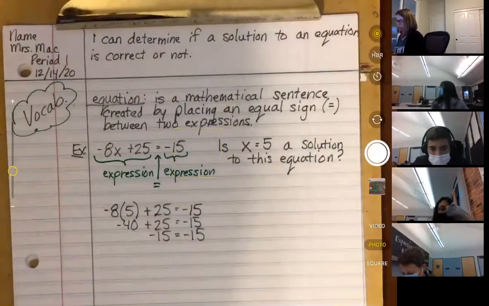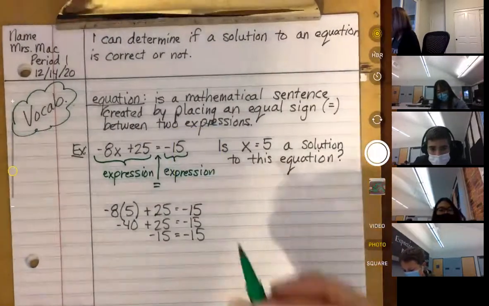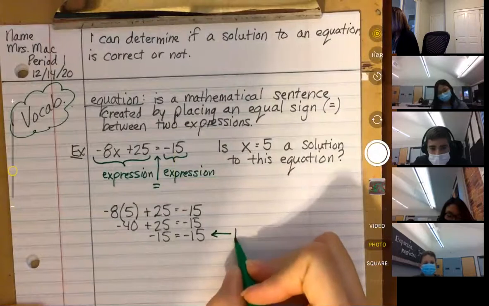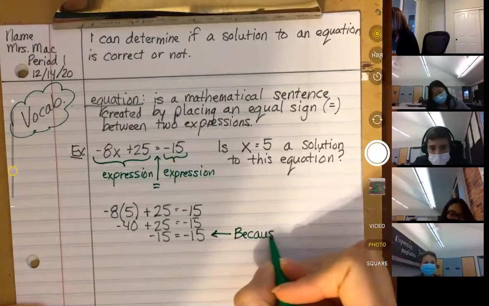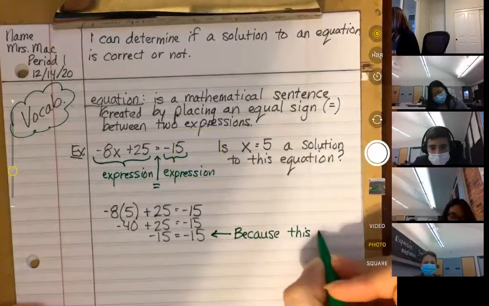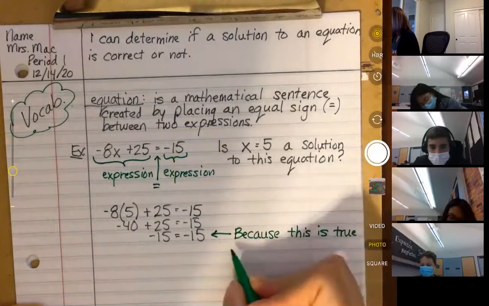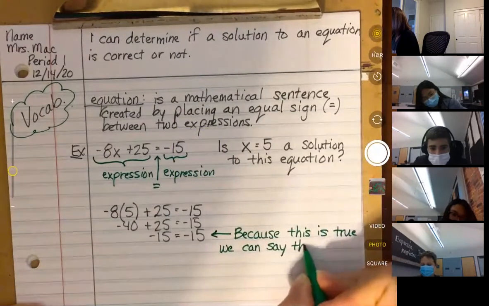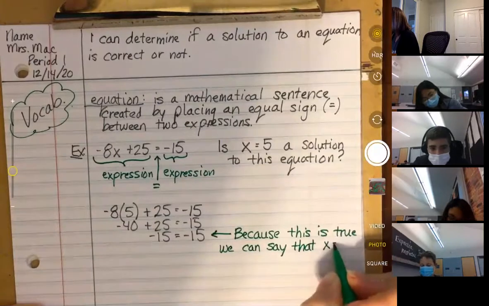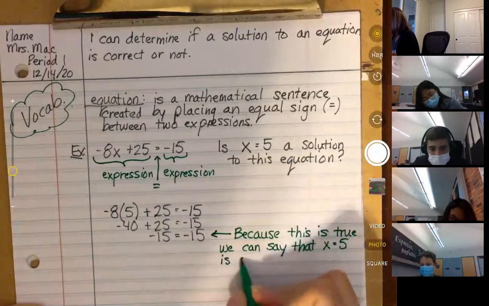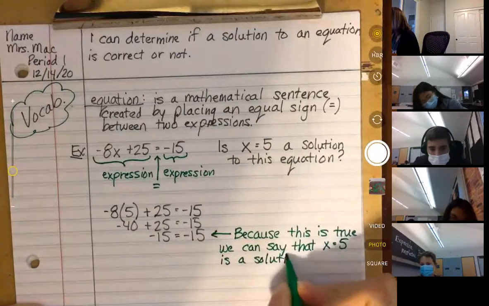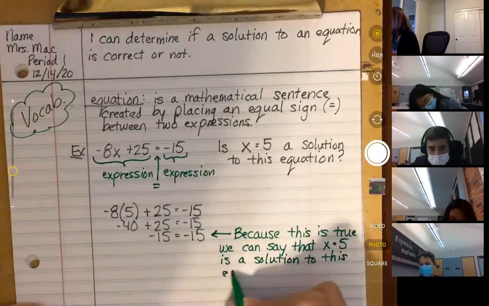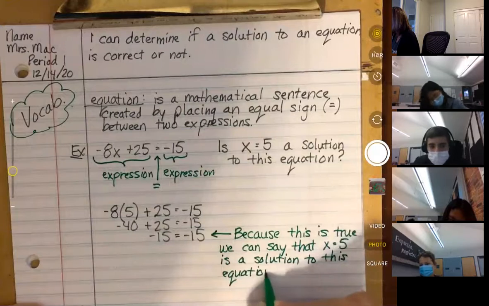So we can answer this question, we can say because this is true, we can say that x is equal to 5 is a solution to this equation. Okay?